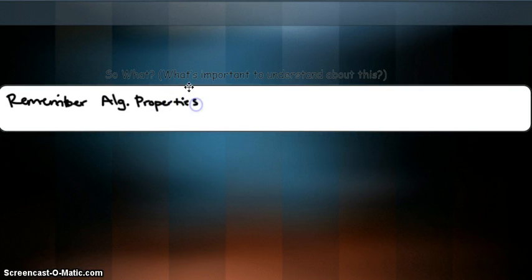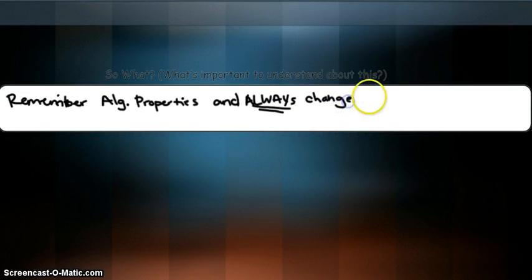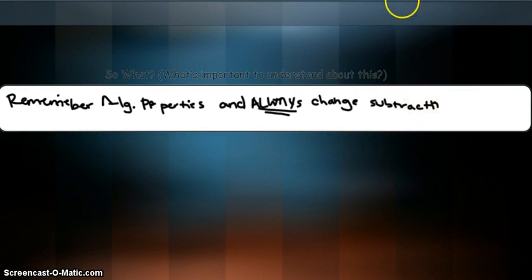Alright, so there. So what? Remember your algebraic properties and always, again, this is so important, always change subtracting to adding the opposite.